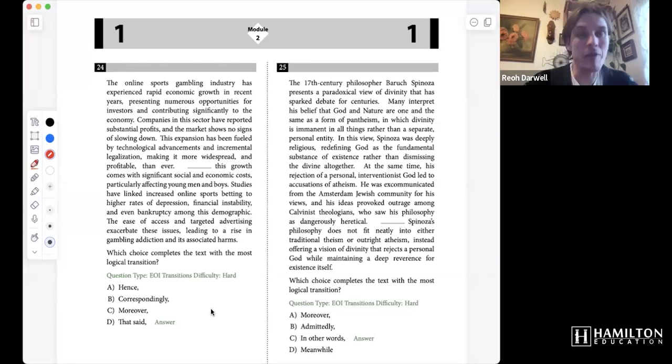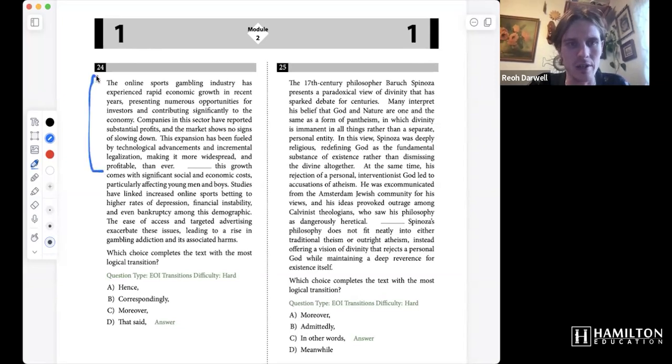All right, so 24 is a tricky, difficult transitions question because there's a bit of a baggage distractor here, which remember is when we use outside information to inform our understanding. If you're missing this question, I suggest you watch the video for 23 on Module 1. That'll really help you with overall transitions questions. But right here, we want to think about what's the logical relationship between these two parts.